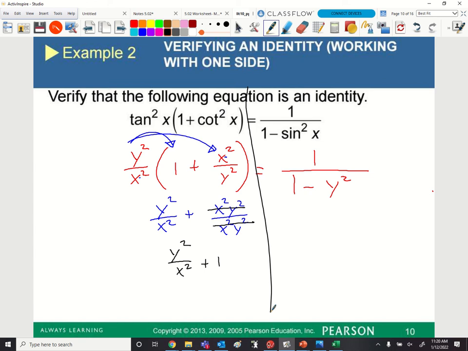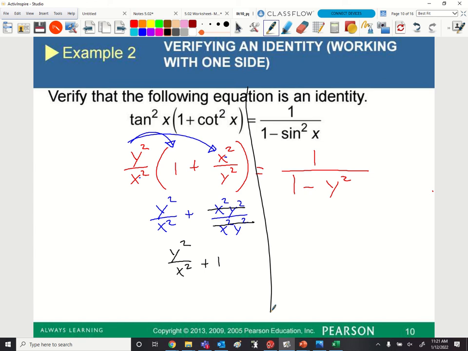All right. Is there an addition right here? To be able to add something together, what do you have to have? The same denominator. Very good. Common denominator, that's what I'm looking for. So what's the common denominator right here going to be?